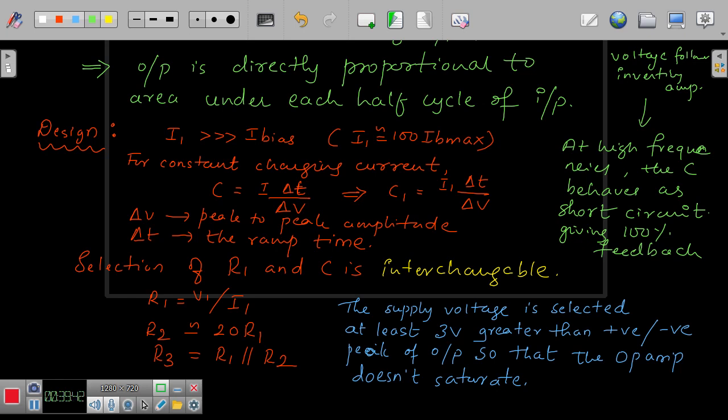Yes, sir. Now based on this, we will try to solve one very simple example. Shall I proceed with the example? Yes, sir.